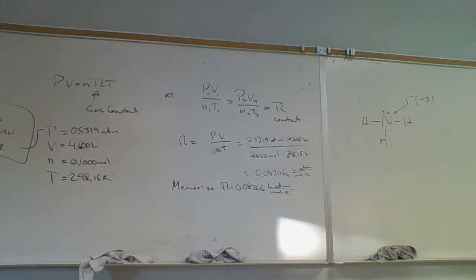When we use it so much, it's not so hard to memorize. All right, so what did they get? They got the same thing, 0.08206 atmospheres liters per mole Kelvin.